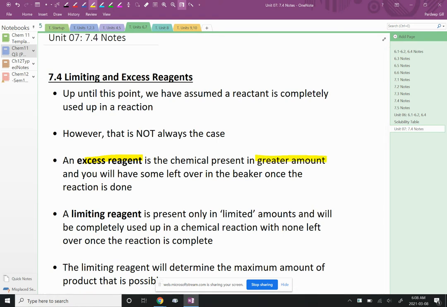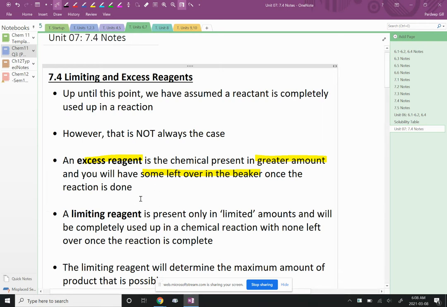So when the reaction is over, you're going to find that there's some left over in the beaker once the reaction is done. Now, in the example of the moles of iron and copper lab, your excess reactant was the iron nail because you still had some of it left over in the beaker at the end of the day.